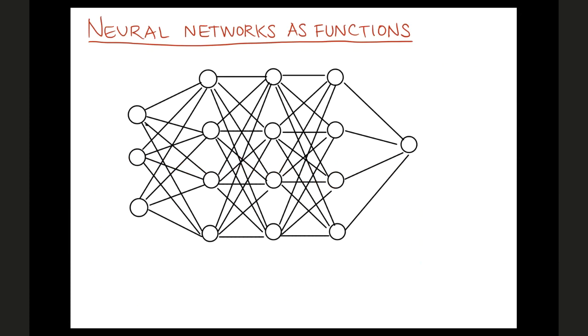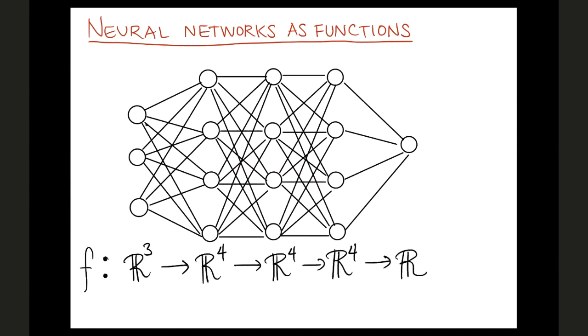So when you see one of these pictures in the news, what you should think of is, it's a function, and the number of vertical lines of nodes that you see are the layers of the neural network. You're going from left to right, and the number of nodes is the dimension of the Euclidean spaces that you're mapping through.